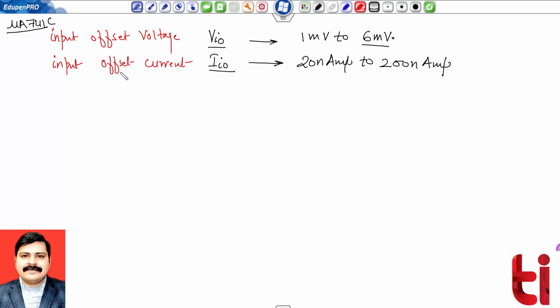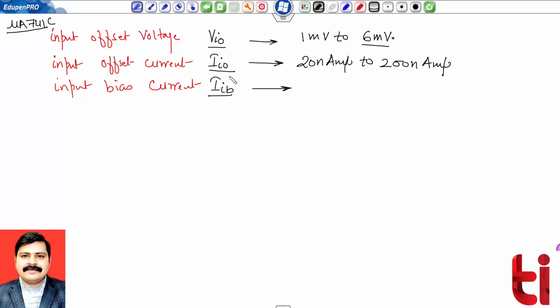The next component is input bias current, and the notation for input bias current is IIB. So again, the notation is representing the purpose. I stands for current, small i is input, and small b is indicating the bias current. If you can recall, in the block diagram we have shown that the first block is the dual input balanced output differential amplifier.